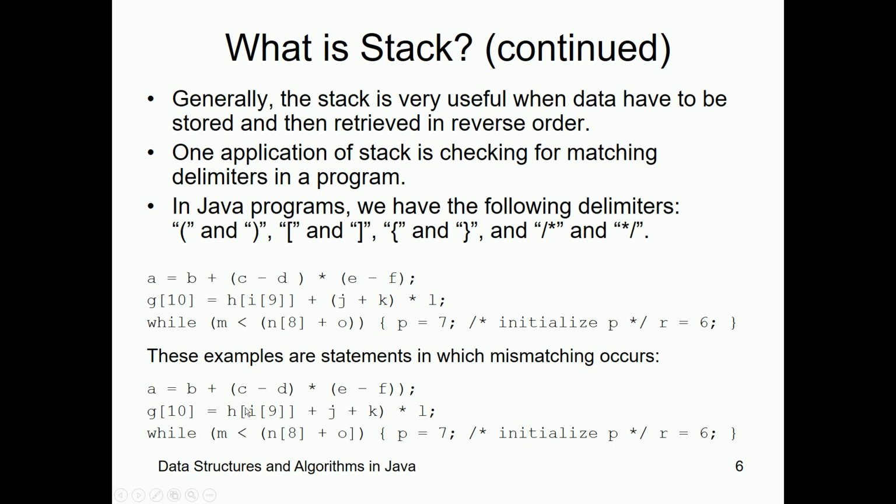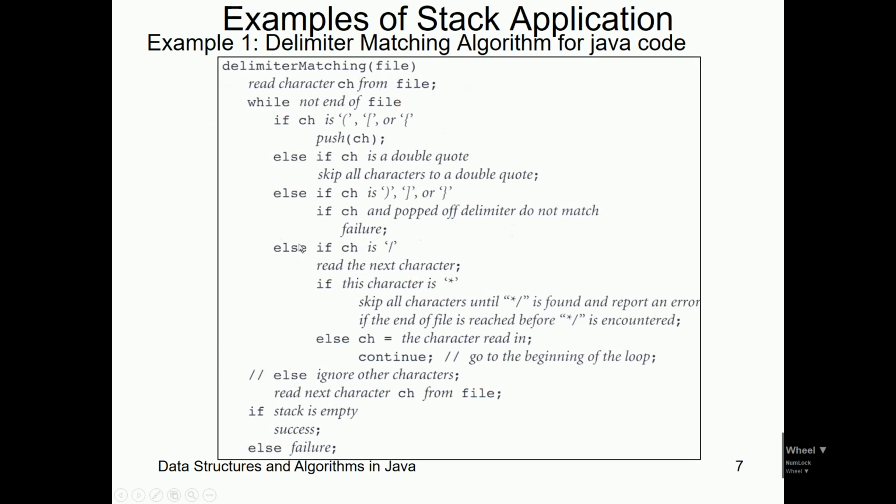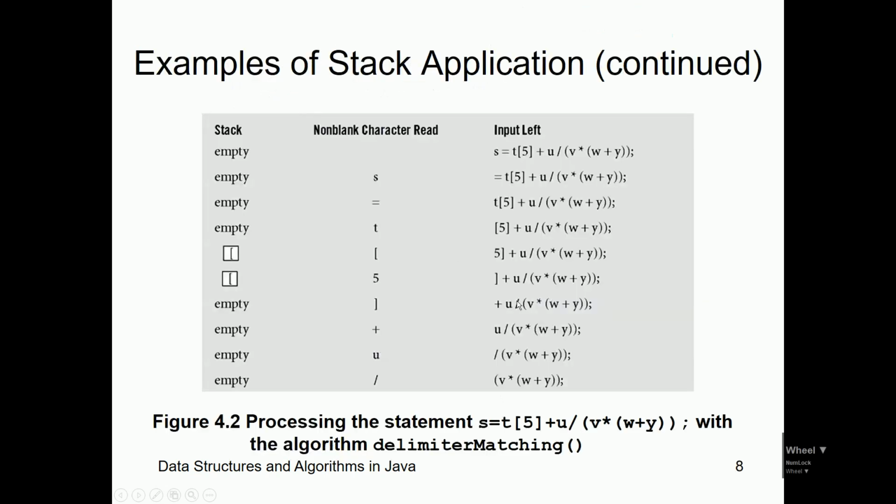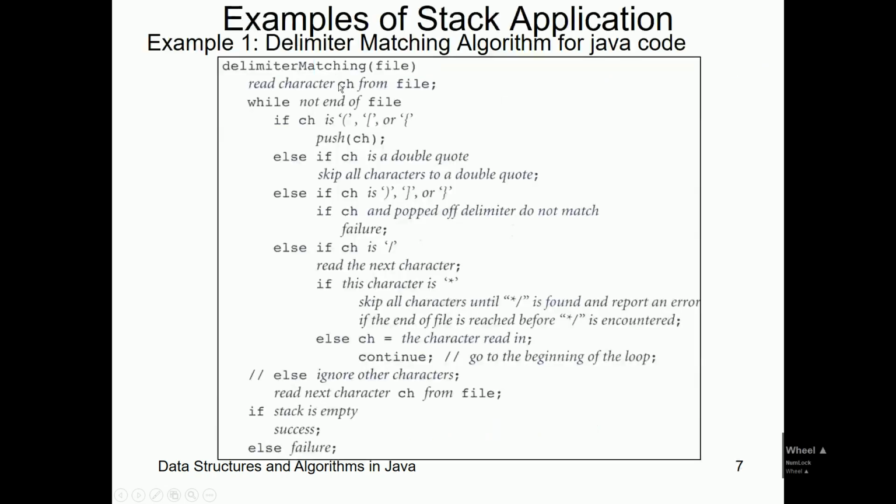For example, this is some pseudocode for how to make the delimiters match. Let me show an example. Say we have something like this. This is the input. The first thing, you read the text until you find a delimiter, which is what you're looking for.